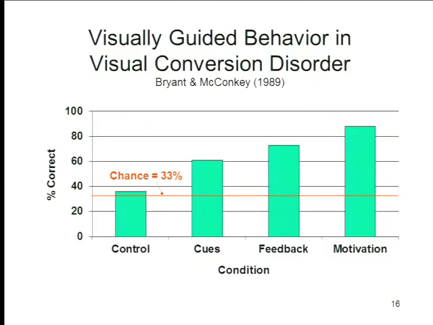And when they increased the value of the rewards, so increasing her motivation to select the correct switch, then her performance went up even more. This is not the kind of behavior you would expect to see in a patient who was consciously trying to deny that he or she was seeing. Under those circumstances, you just ignore the light. You'd still be pressing at roughly 33, 35% the chance levels.